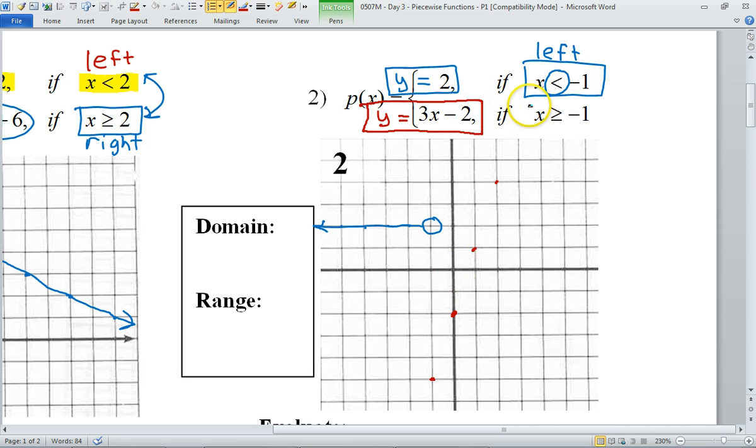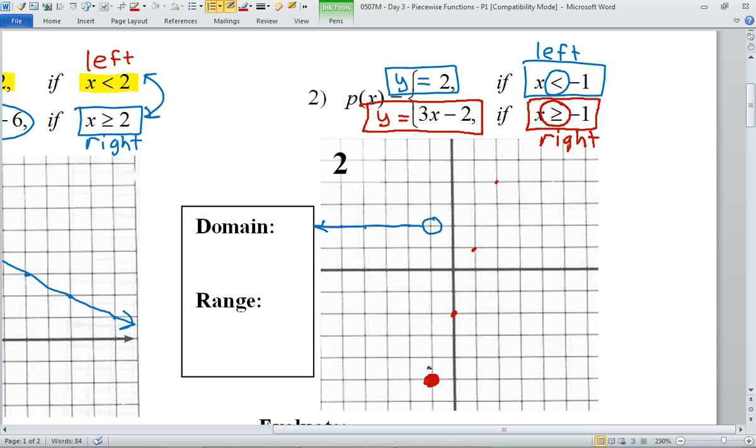But again, I don't get to graph the entire line. I'm only going to draw the part where the x values are greater than or equal to -1. So this part is the part that goes to the right because it says greater than or equal to. So I start by finding the point that's at -1. Can you guys see this dot down here?